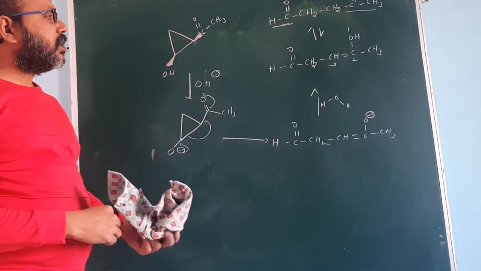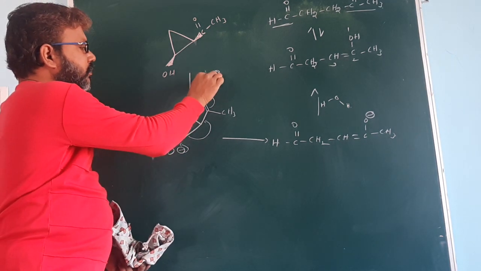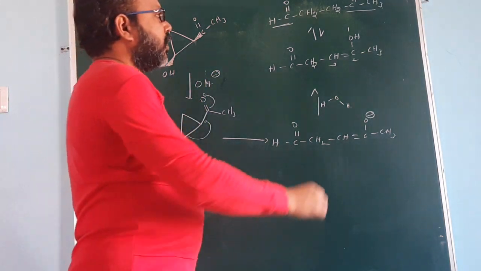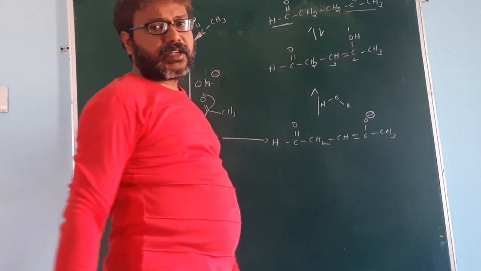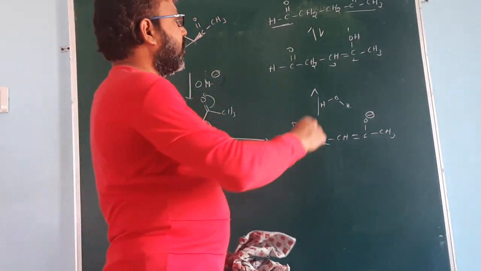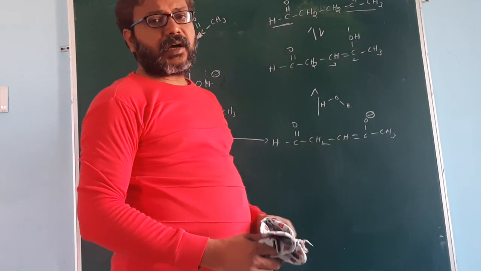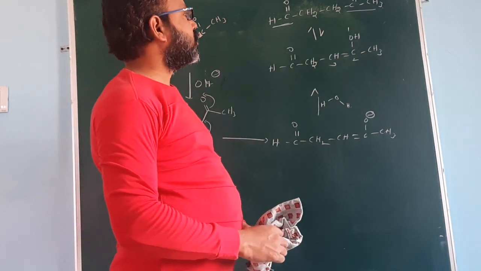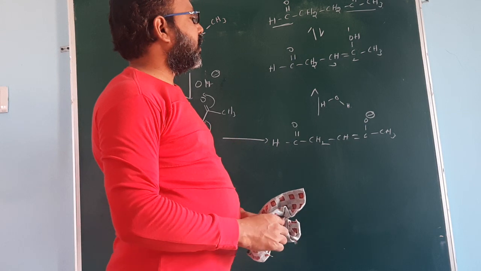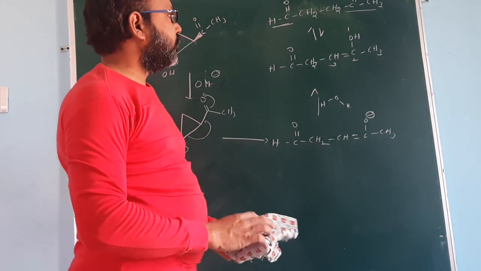So the reaction takes place in presence of basic medium. So here further aldol reaction takes place because it has alpha hydrogen. Already you know keto is always the carbanion source. Aldehyde is the carbanion acceptor.